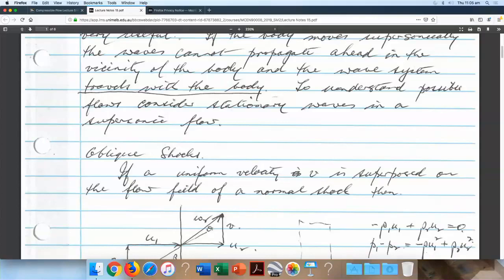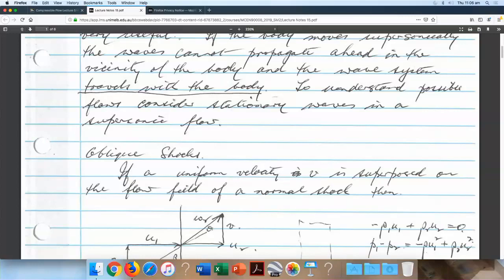That idea is the method of characteristics for steady supersonic flow, which I'm not going to do, but I'm going to explore and use some of those ideas.